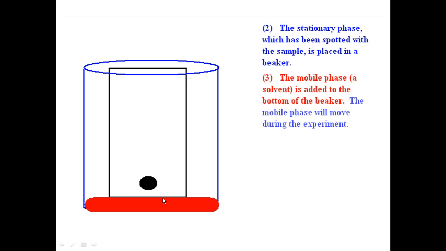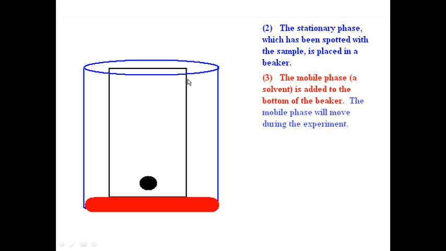That's going to be the mobile phase, and the mobile phase will move up the TLC plate during the experiment. We normally cover this to keep the vapors in, because we don't want the solvent to move up the TLC plate and then evaporate.